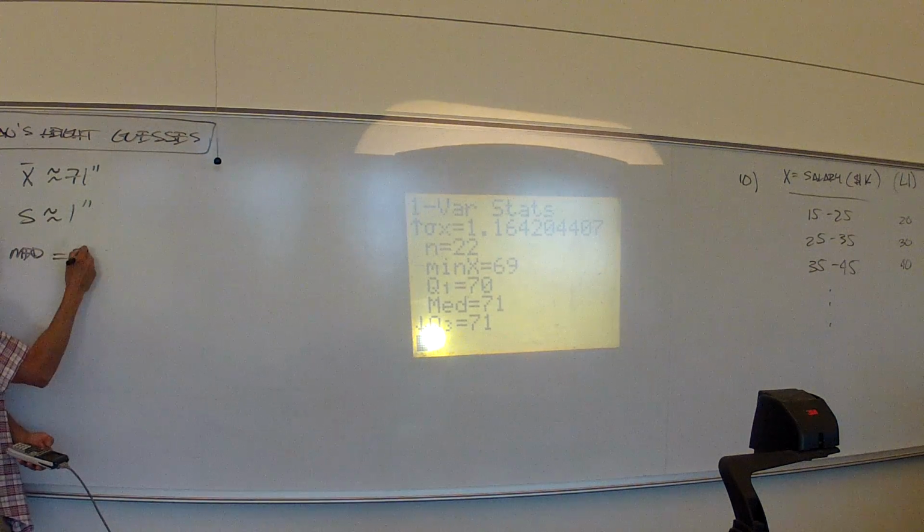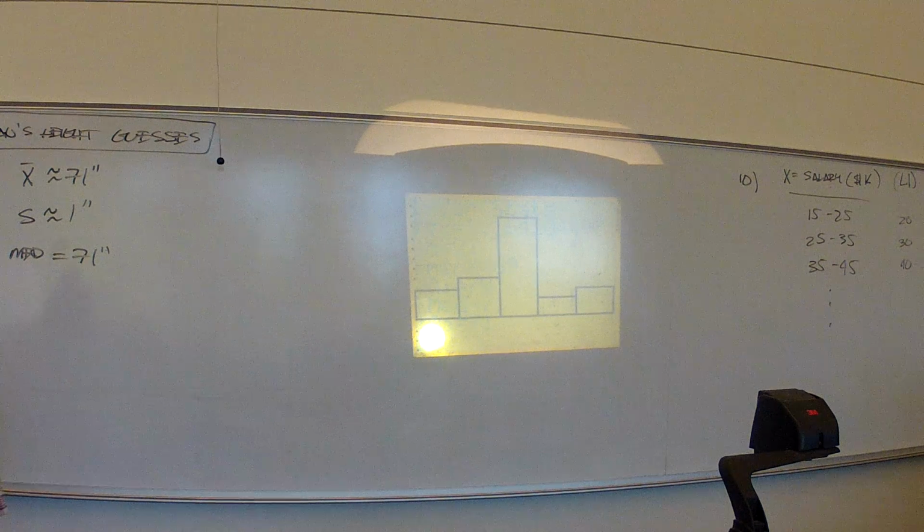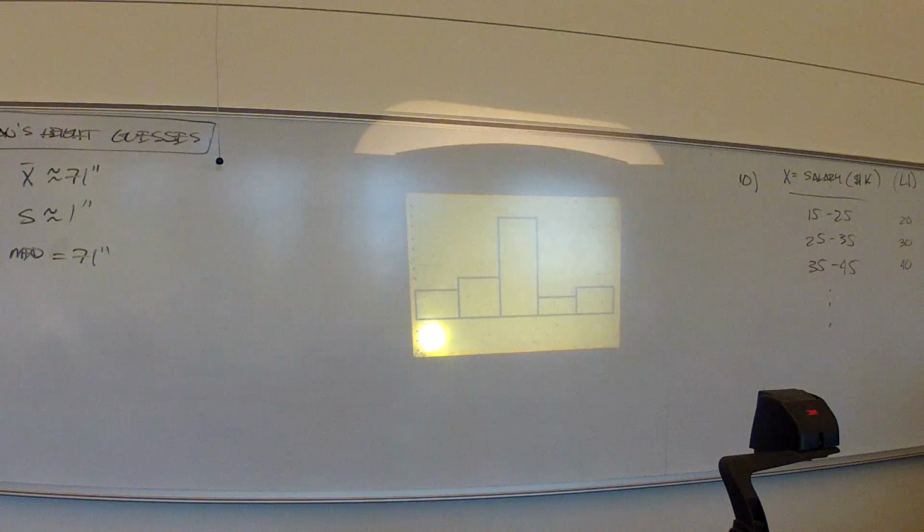So your median and your average are just about equal to each other, which doesn't tell me anything about the distribution until I look at the distribution, and then I can get a better idea about its shape. If you had to pick a few words to describe the distribution of your guesses at my height, what words would you use?